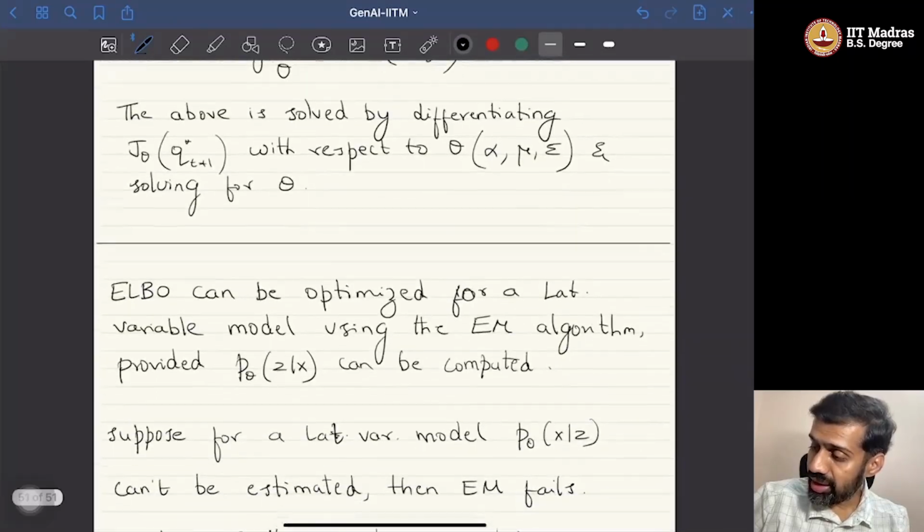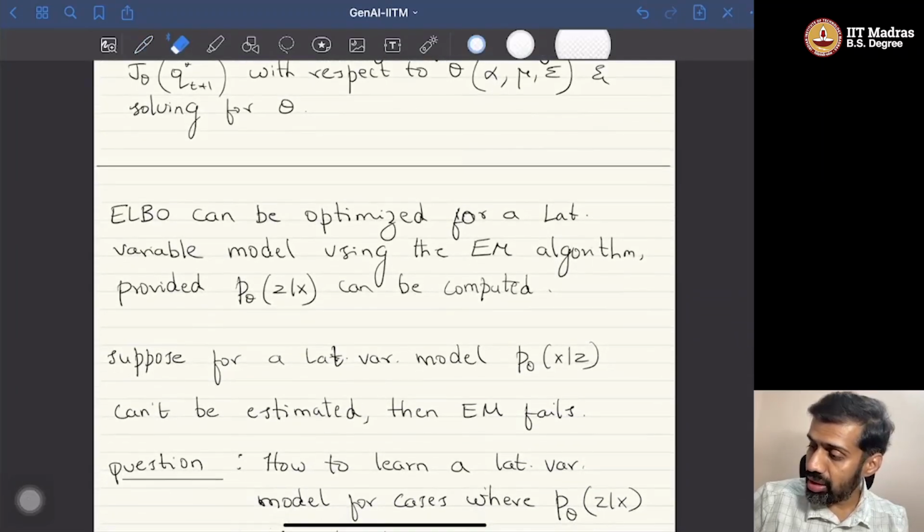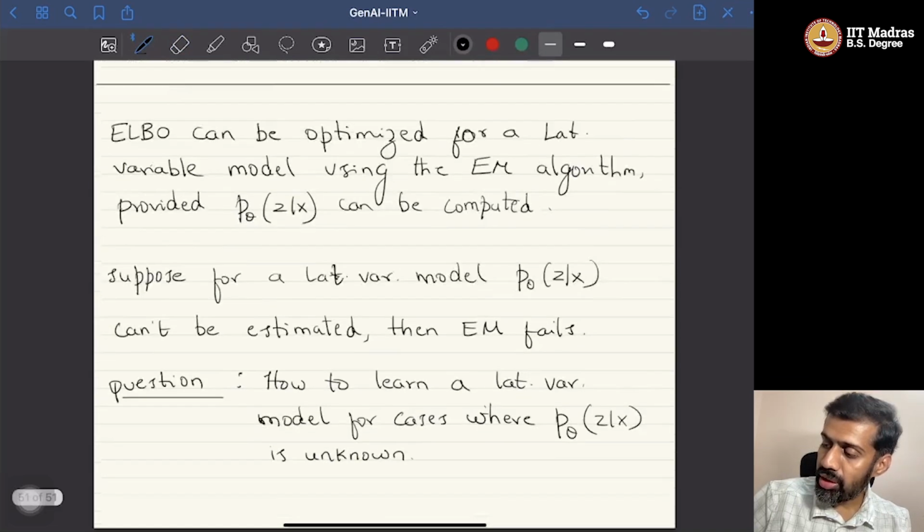I beg your pardon, I think I made a mistake here. This should be p theta of z given x, not x given z. P theta of z given x is unknown.